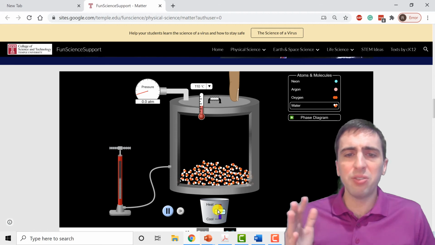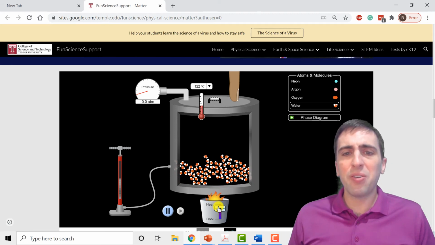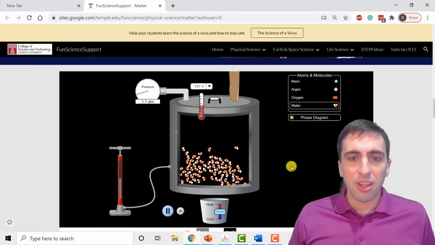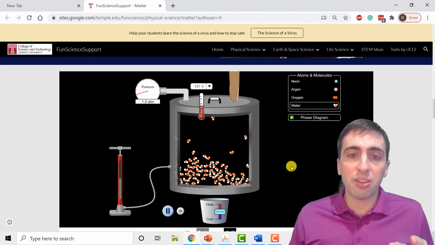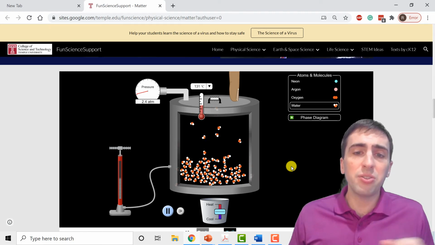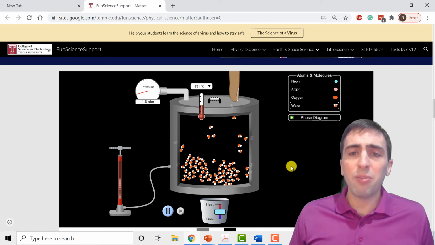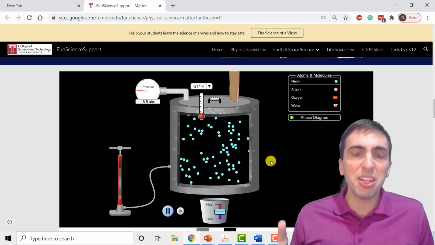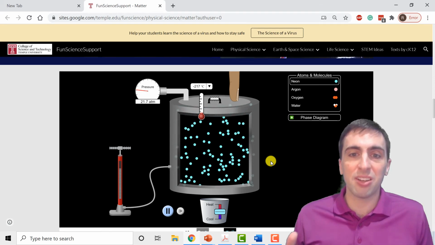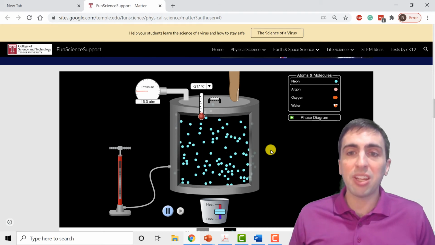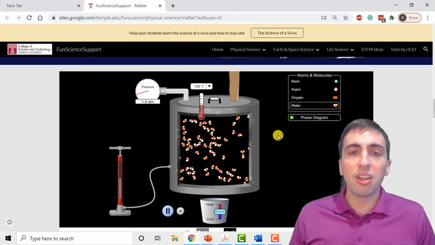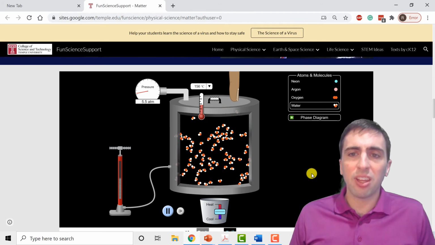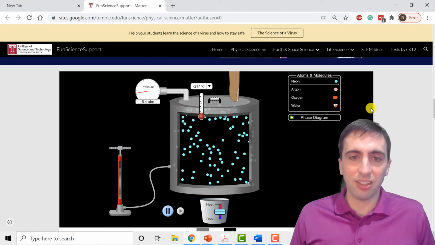Here we are, over 100 degrees Celsius. Keep going, and we see, wow. Water didn't start moving around until we got over 100 degrees Celsius. If we look at neon, it starts moving around at minus 217 degrees Celsius. So again, we can see that water needs way more energy to get moving than neon.